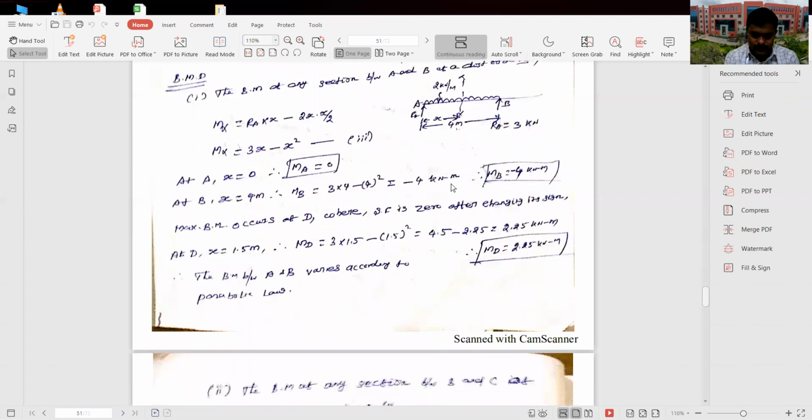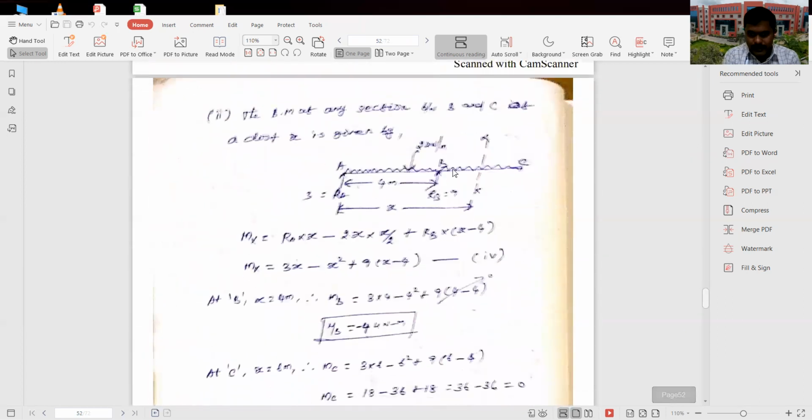So here you can see, take the bending moment on any section between B and C at a distance of x from point A. Moment at x will be equal to load times distance. Upward load is clockwise towards the section, so plus RA into distance x. Then the downward load is anti-clockwise towards the section, therefore minus 2x, that is 2 into x, acting at a distance of x by 2.